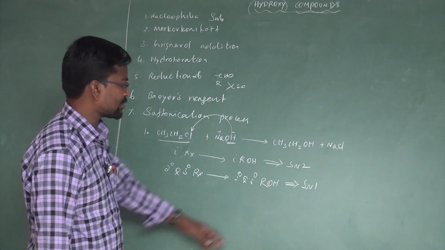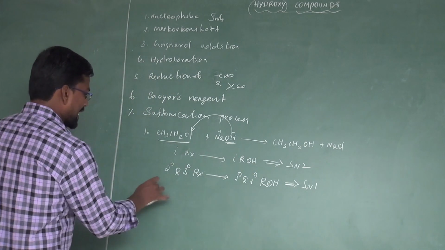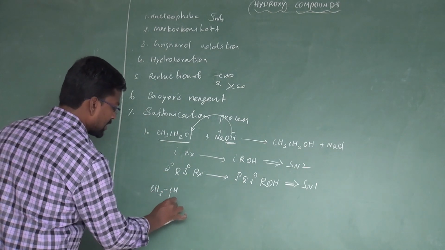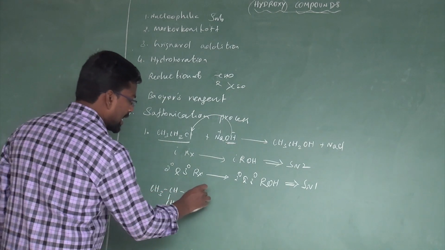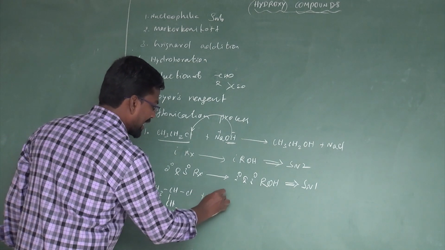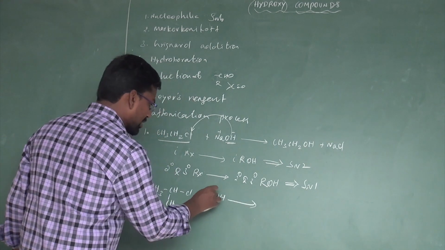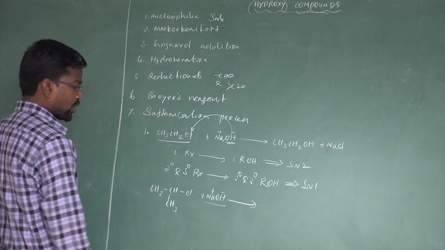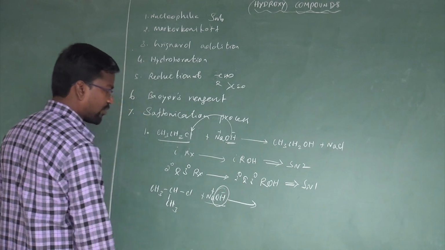Unimolecular nucleophilic substitution reaction. For example, isopropyl chloride, (CH3)2CHCl, reacts with sodium hydroxide. The sodium hydroxide dissociates to form Na+ and OH-. OH- acts as a nucleophile.